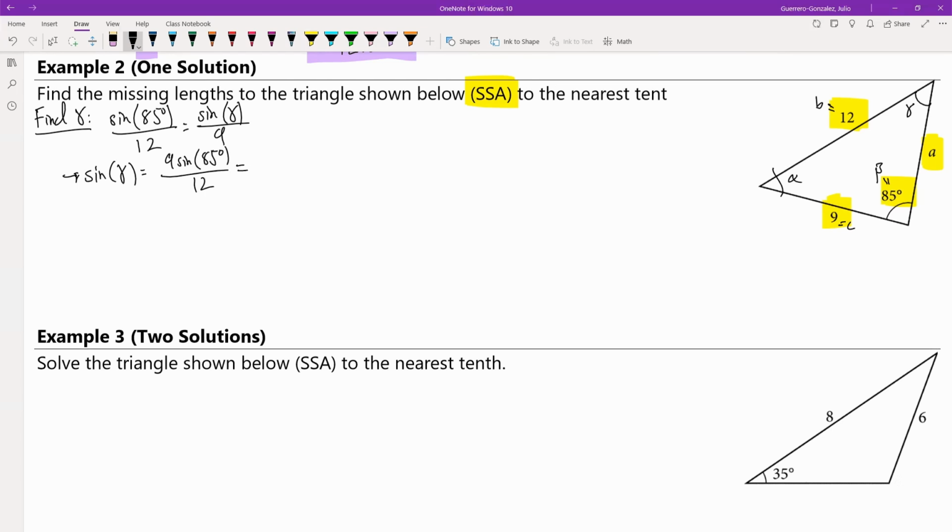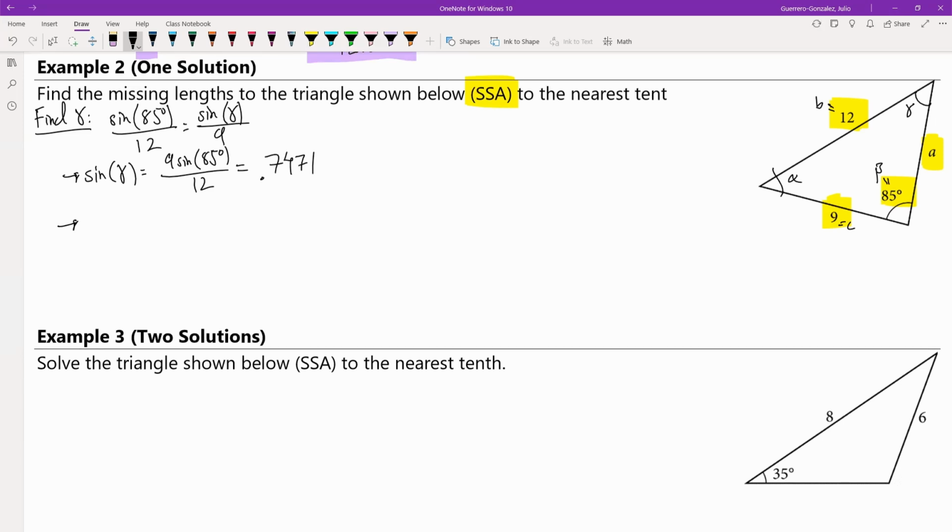If you compute this out, this 9 sine 85 divided by 12, you get, make sure I'm in the right mode, 0.7471, okay?